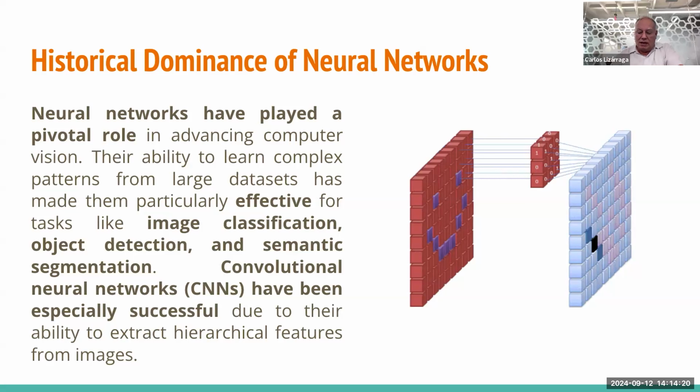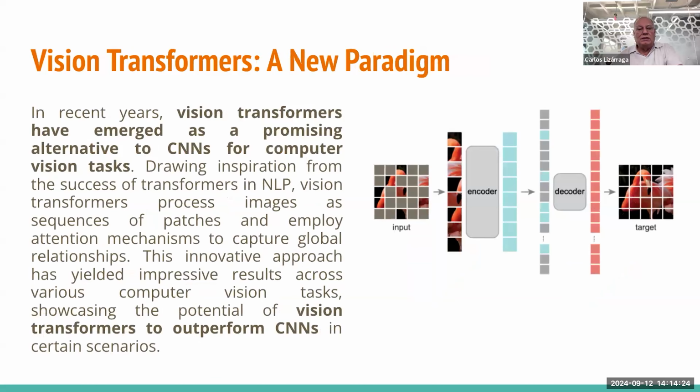Now, with the availability of large language models, there is a shift. With the success of transformers, we can now use transformers to do specific computer vision tasks. With transformers, as you know, you have to fragment the initial information.